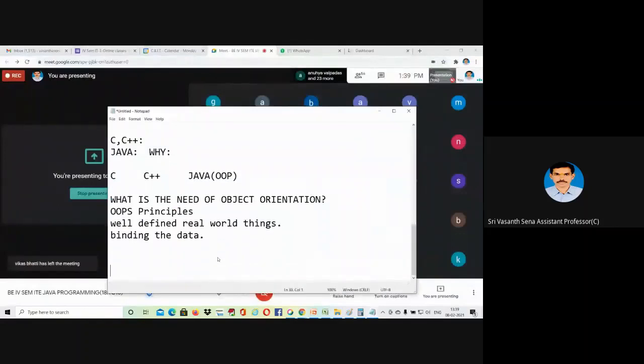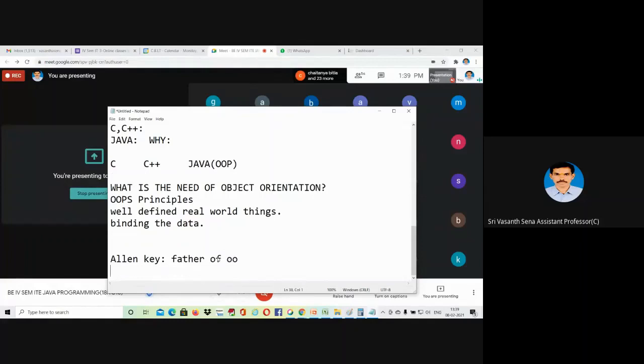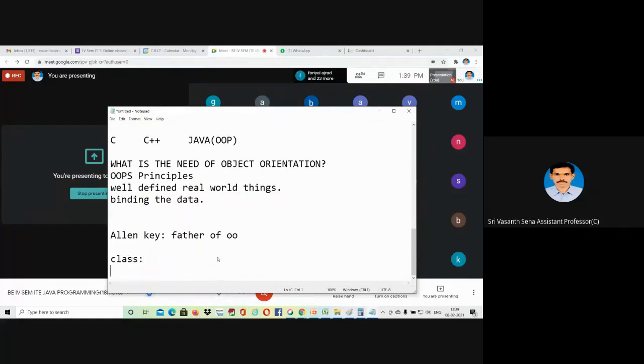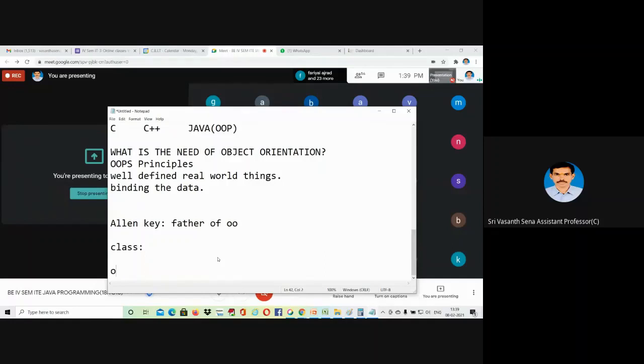According to Alan Kay, the father of object orientation, he clearly defined the difference between class and object. Simply, what he told is that all the common nouns become classes.